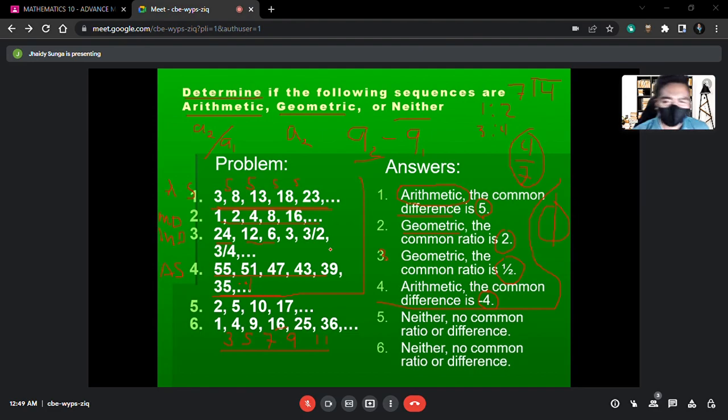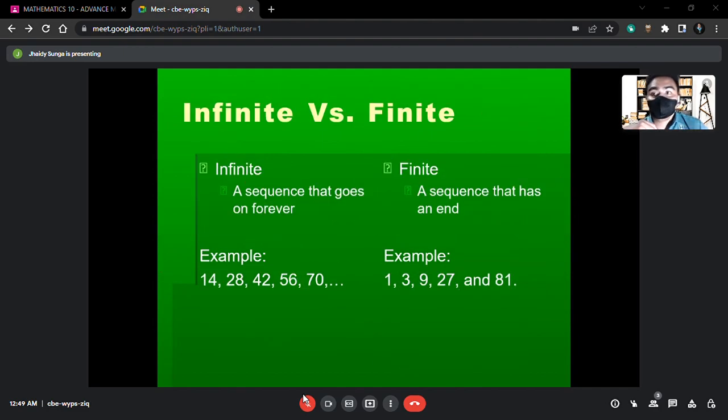All right, so to continue, a while ago we defined what is sequence and series. So a while ago we have this sequence. We also defined that the sequence could be infinite or finite, right? If we say infinite, these are the examples.